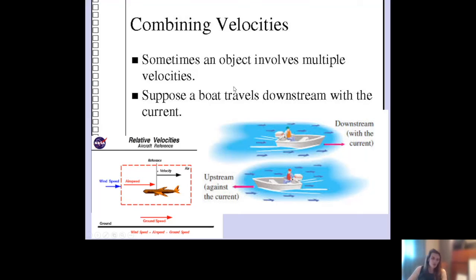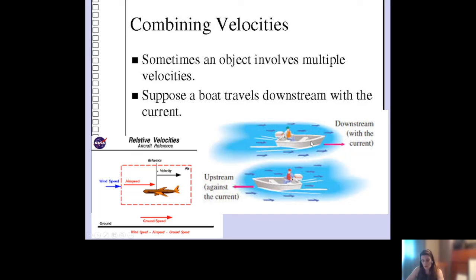So let's talk about relative velocity. When you have the velocity of something in something else that's moving, remember when we talked about the mouse on the train car, perhaps? You have multiple velocities. So here is this boat. You can see that the current is going the same direction as the boat.